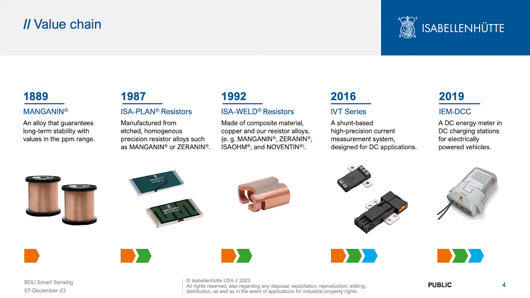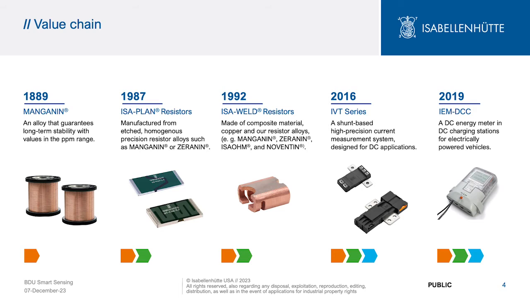A couple of important milestones in the long Isabellenhuette history. In 1889, manganin was invented, an alloy that guarantees long-term stability with values in the parts per million range. In 1987, we started with our Isaplan resistors, manufactured from etched, homogeneous precision resistor alloys such as manganin or Zeranin.